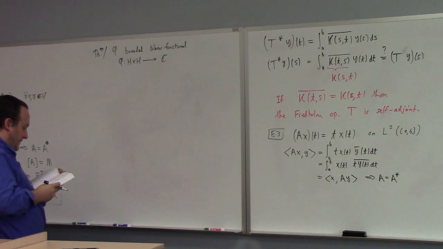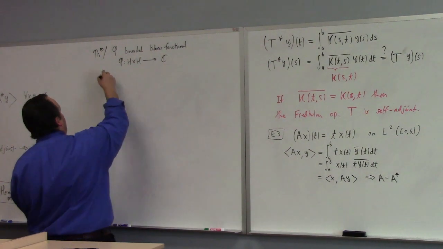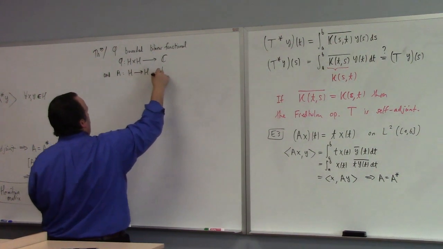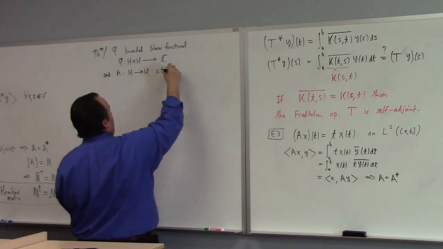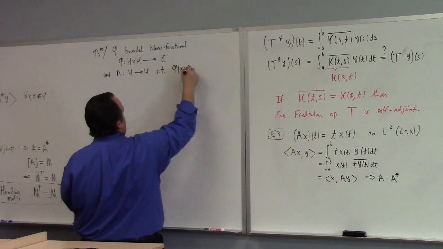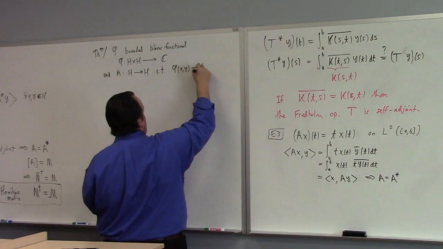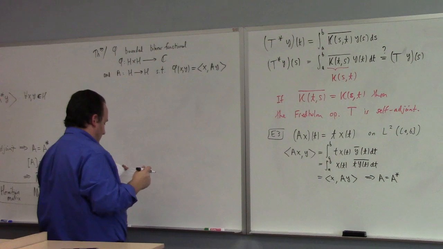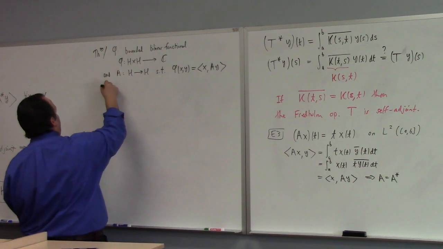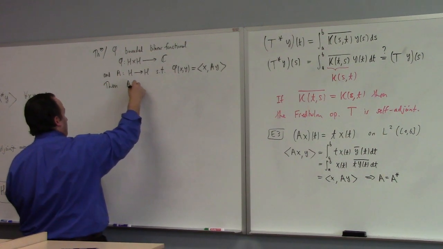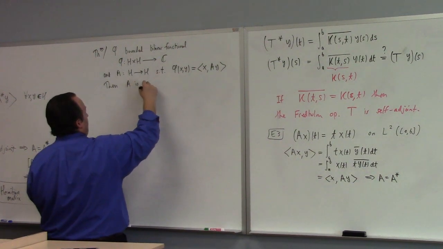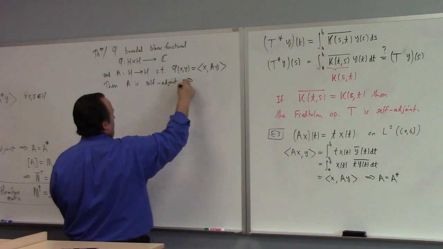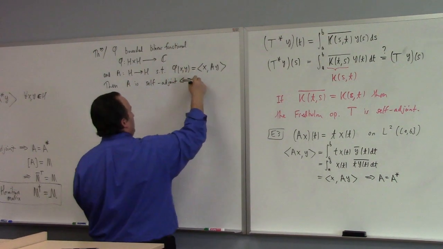So bounded bilinear functional, and let A be an operator such that phi of x,y can be written as the inner product of x with Ay, all right? Then A is self-adjoint if and only if phi is symmetric.